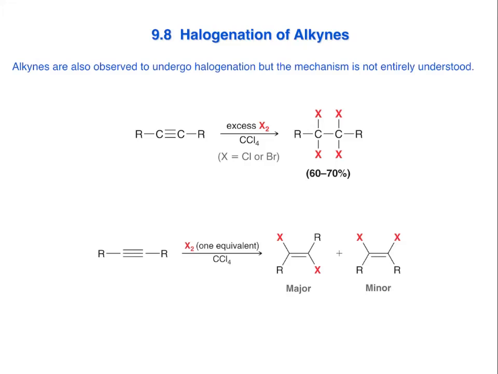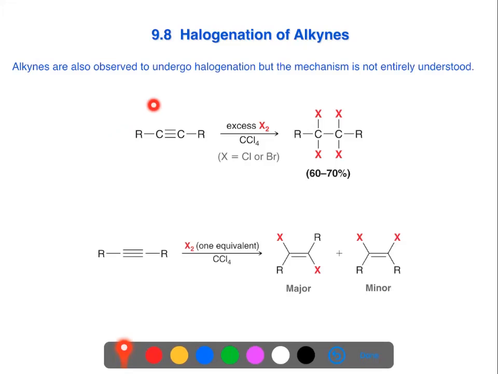So you can see in this example, we have an internal alkyne and the presence of excess halide, so diatomic molecular chlorine or molecular bromine. Under those conditions, what we observe is the formation of a tetrahaloalkane.